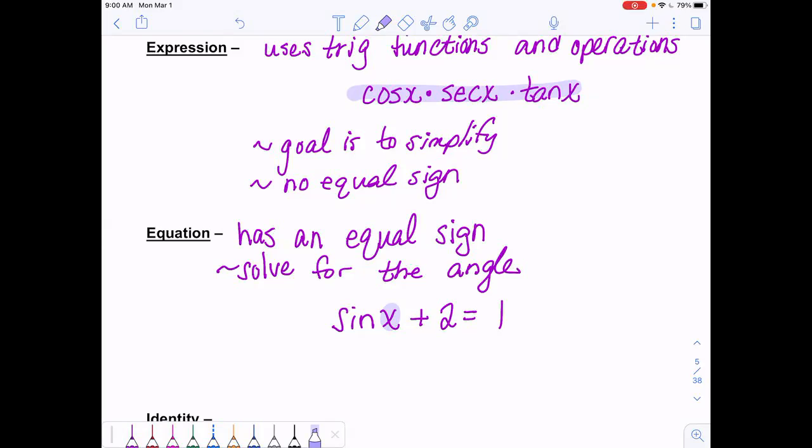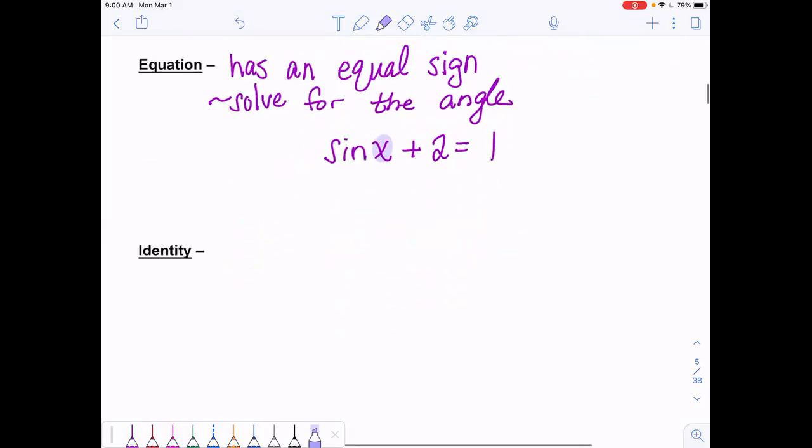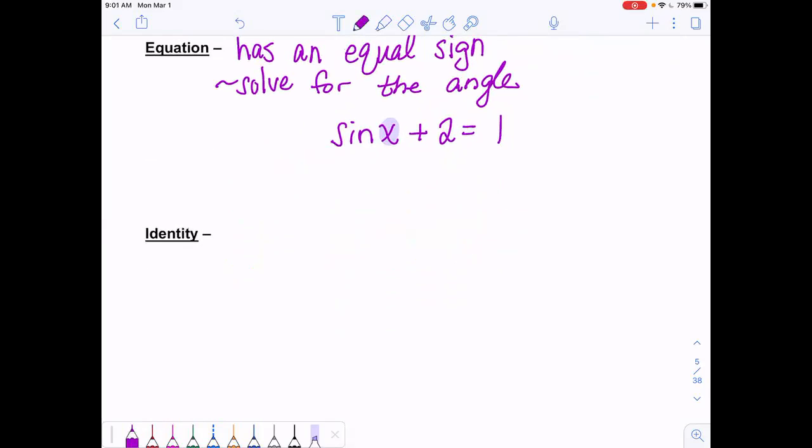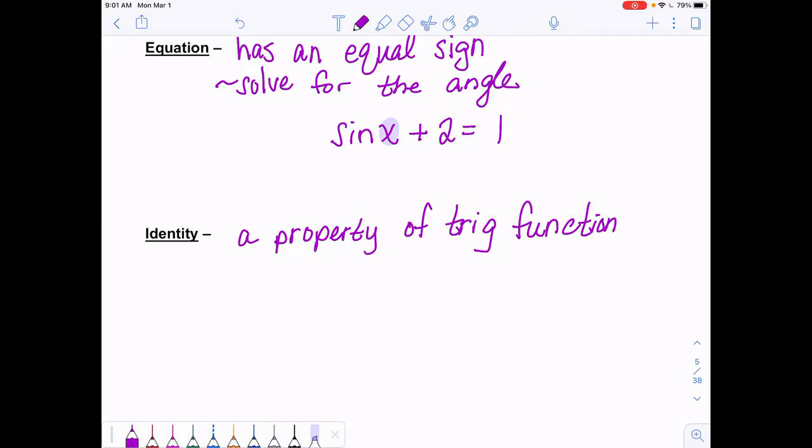values for the angle. The last one is the identity, and the identity is what we're going to use to help us do the above two pieces, whether it's an expression or an equation. An identity is a property of our trig functions. A property holds true for all values of the angle.